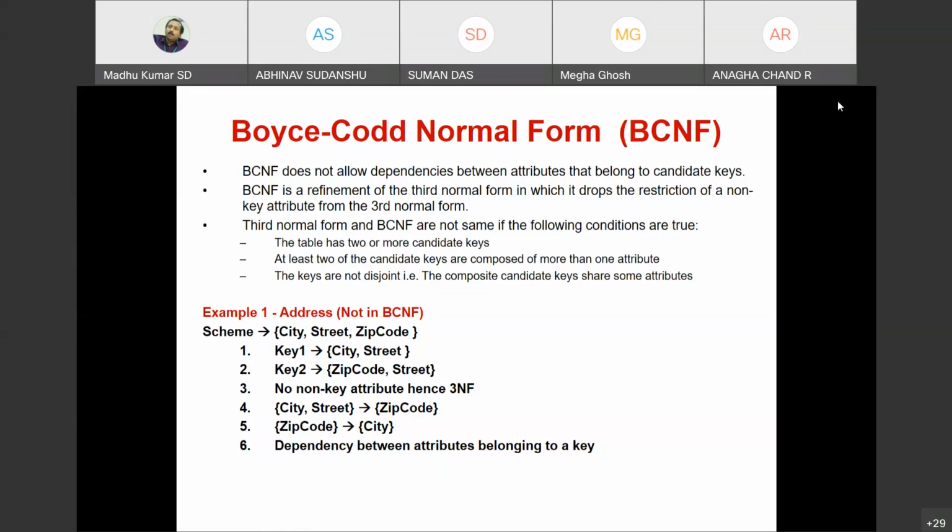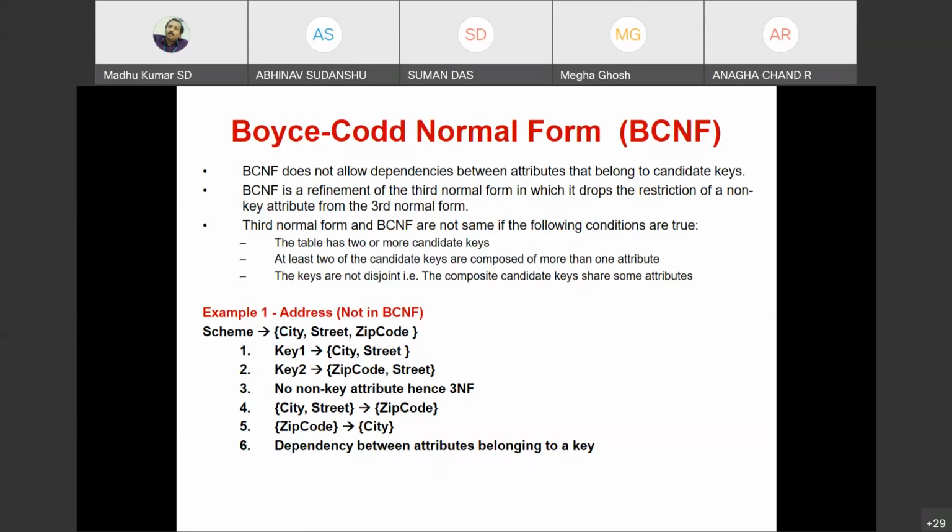BCNF does not allow dependencies between attributes that belong to candidate keys. Remember, the conditions of non-transitive and full functional dependency are applicable only for non-key attributes in the case of 3NF. But in the case of BCNF, that condition is not relaxed only for non-key attributes.